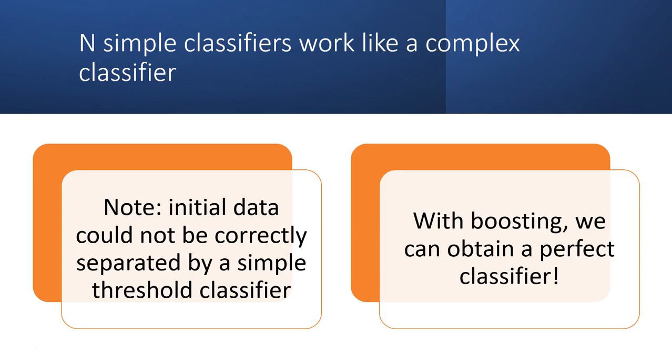So depending on however many we have, we add them all up, and they work together like a big classifier. Just remember your initial data would not be correctly separated by a simple classifier, but when they work together, we're able to get that perfect classifier, which is really kind of cool.